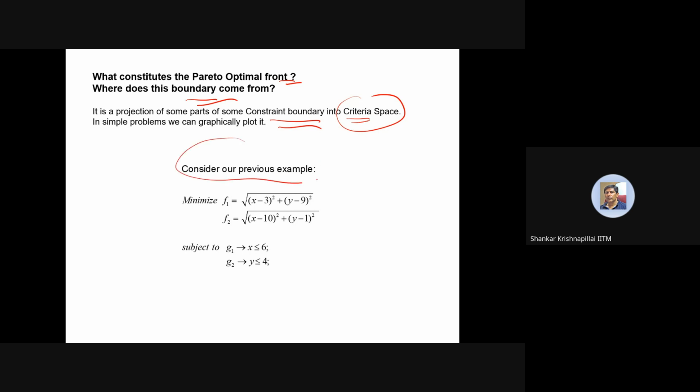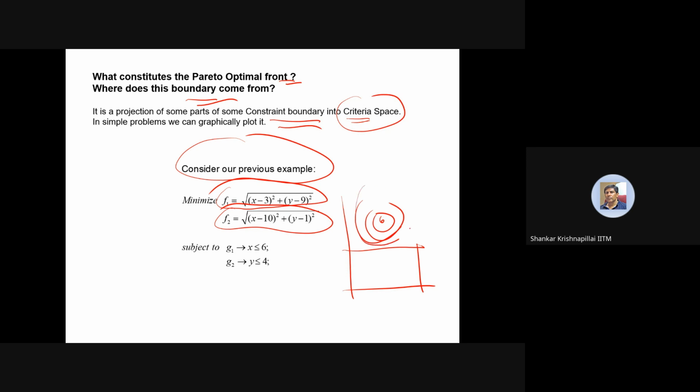We'll consider our previous example: minimize this objective function F1 and this objective function F2. You'll remember that F1 is coming like this and F2 is coming like this. A is the solution for F1 alone and C is the solution for F2 alone.